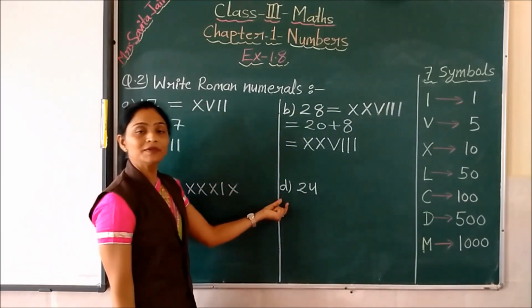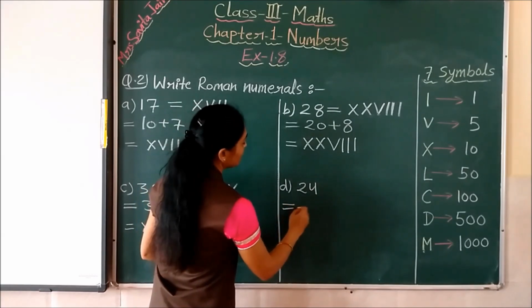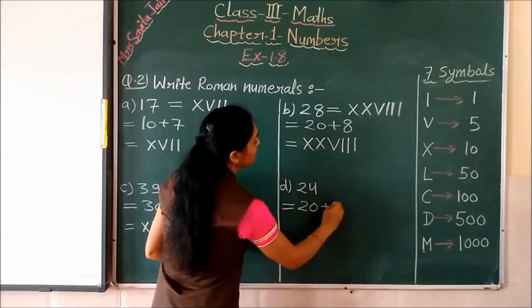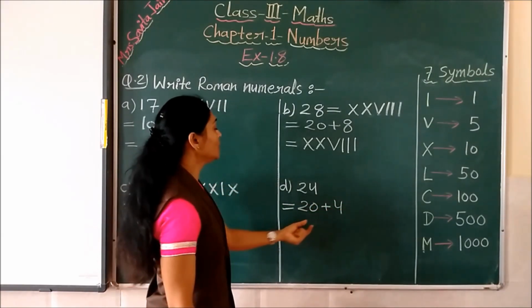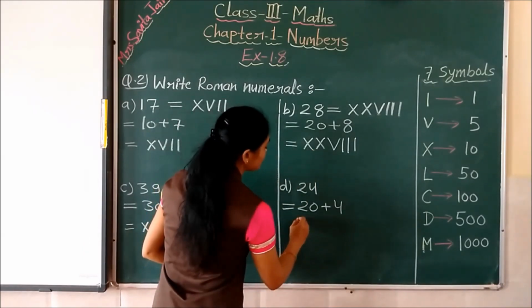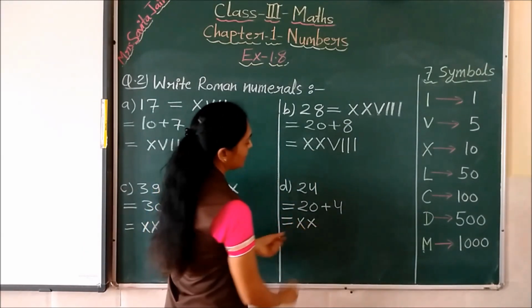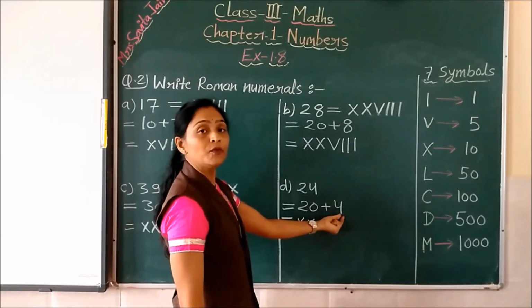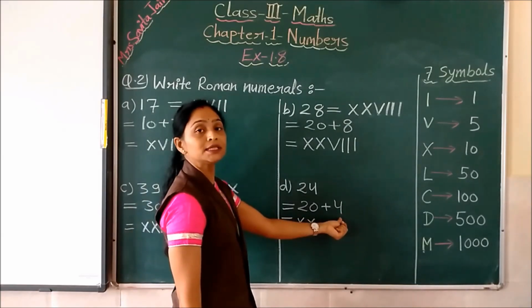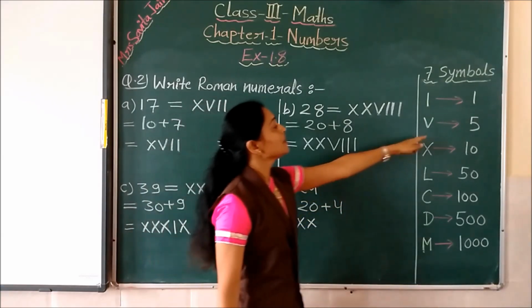Now this fourth one we will see. Again this we have to expand. 20 plus 4. Now 20 same way, 2 times X. Then 4. How can we write 4? Now here we have to remember the third rule. Here this is 5.